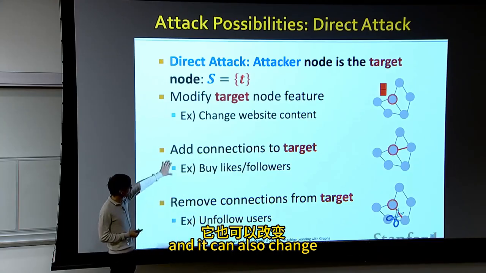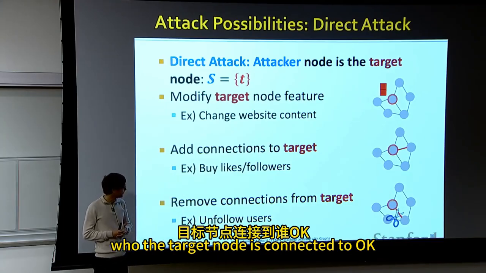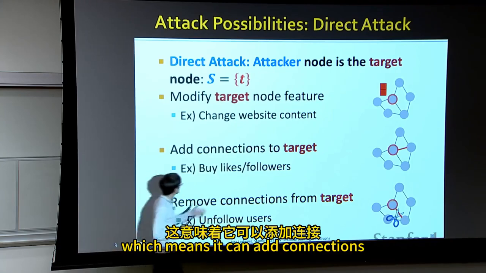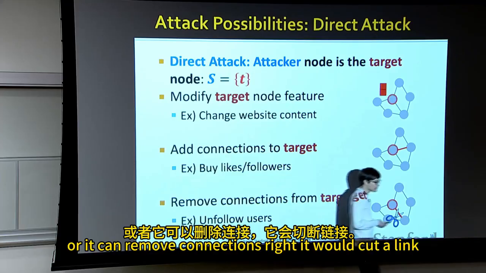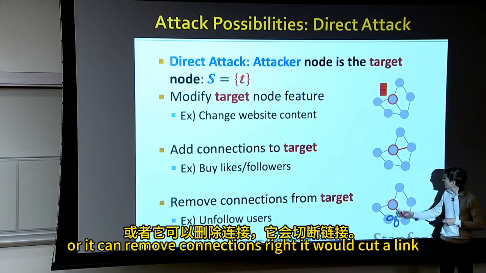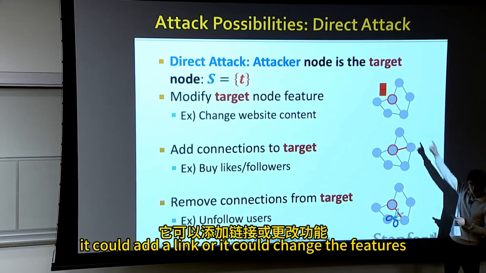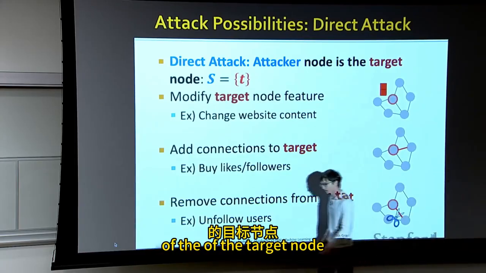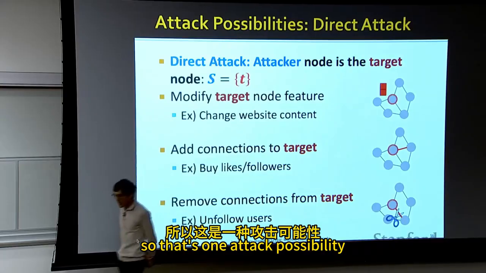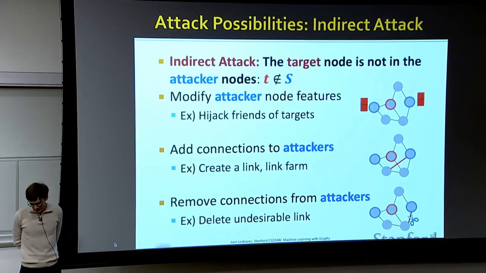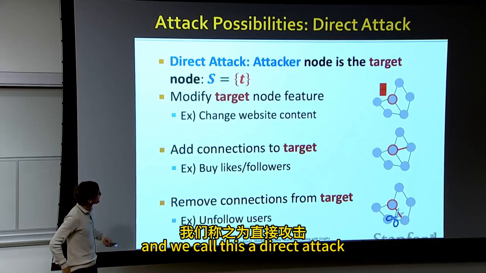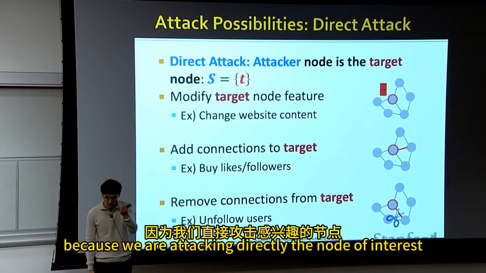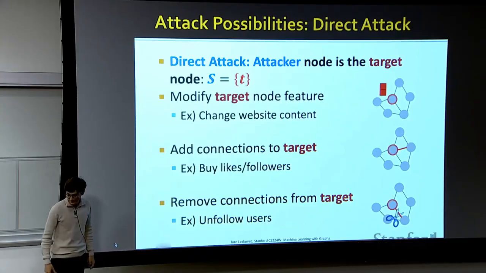And it can also change who the target node is connected to, okay? Which means it can add connections or remove connections, right? It could cut a link, it could add a link, or it could change the features of the target node. So that's one attack possibility. And we call this a direct attack because we are attacking directly the node of interest.